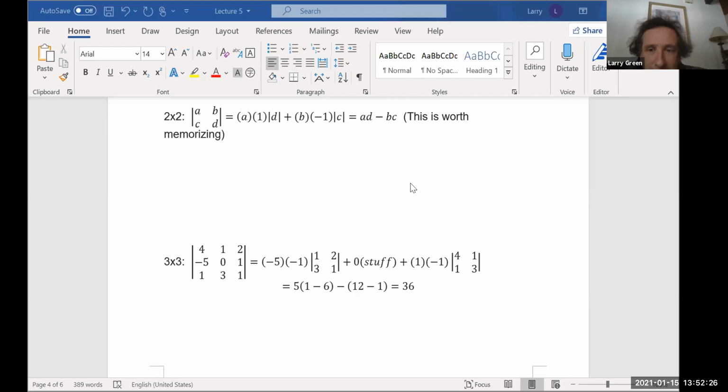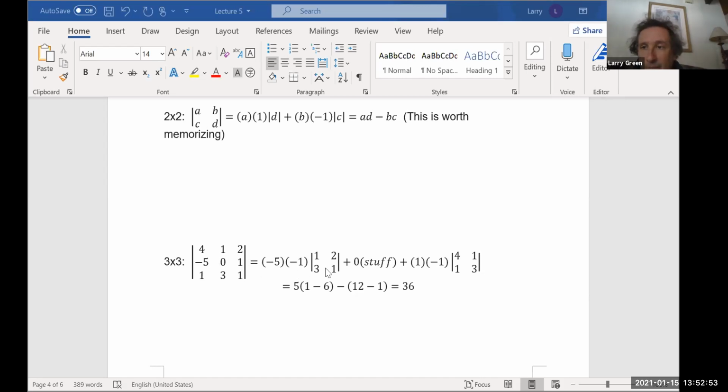How did I get the 3 and the 1 on the bottom? So what I'm doing is I'm taking the -5, so I'm crossing out this second row, and I'm crossing out the first column. Does that make sense? So if I cross out the 4, -5, 1, the -5, 0, and 1, I'm left with 1, 2, 3, 1.